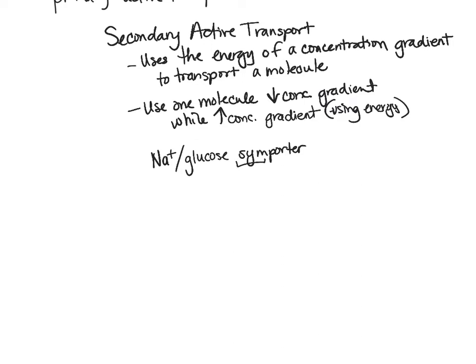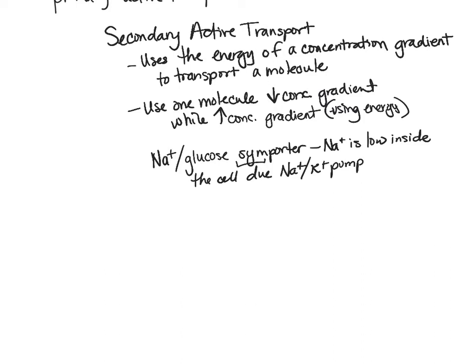And so our sodium glucose symporter is where we have our sodium low inside the cell due to what we just talked about, that sodium-potassium pump. So our sodium is low inside the cell because of our sodium-potassium pump that's been pumping sodium out of the cell.